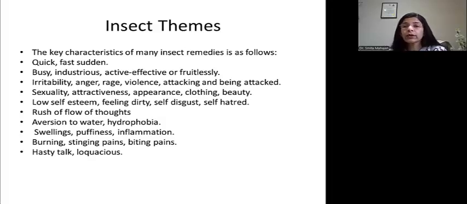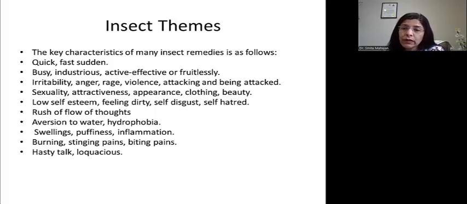Because the insect personalities are attracted towards the flowers, the nectars. Also, their sexuality is more prominent. So they will be more into beauty, clothing, makeup, and being up to date with fashion. All those things you will see in a patient when it belongs to insect remedies.